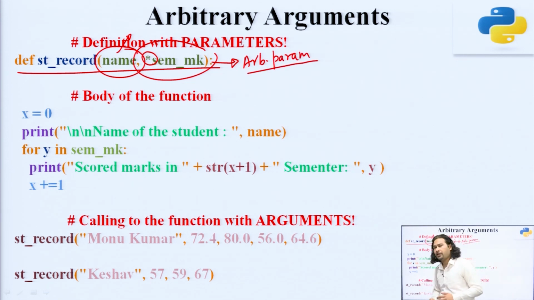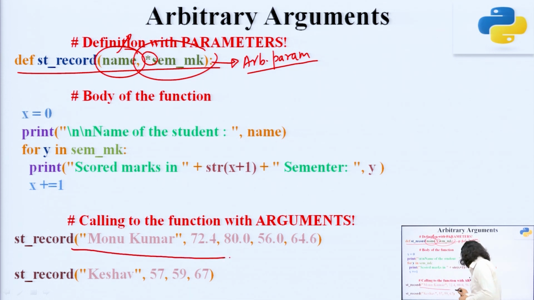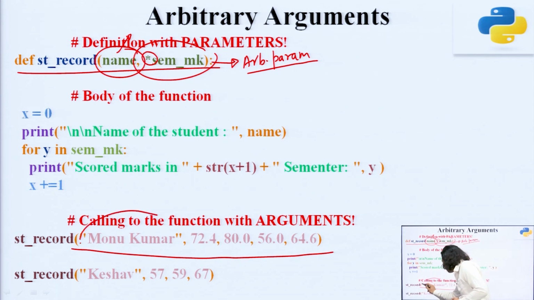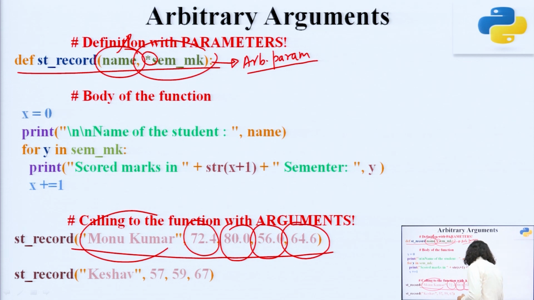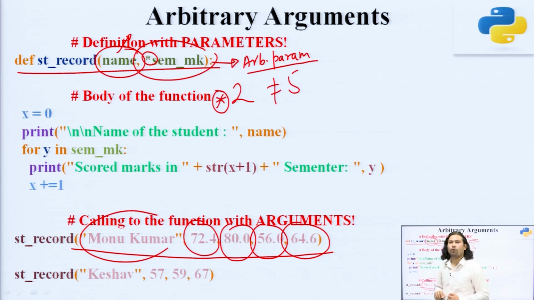Since it is an arbitrary parameter, it can accommodate any number of inputs from the calling statement. And now look at the calling statement. Here look at the information 1, 2, 3, 4, 5, that means 2 is not equal to 5, but the star mark will hold all extra information directly from the calling statement.